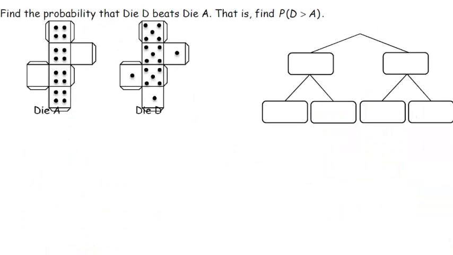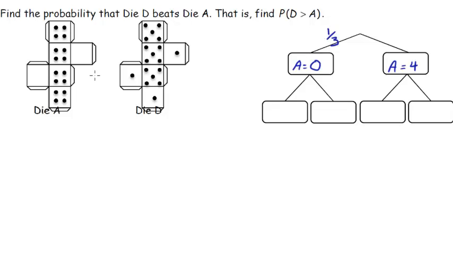I want to construct this tree diagram for the case when we're comparing die A and die D. So die A here could either be a 4 or a 0. So A equals a 0 1/3 or 2/6 of the time.